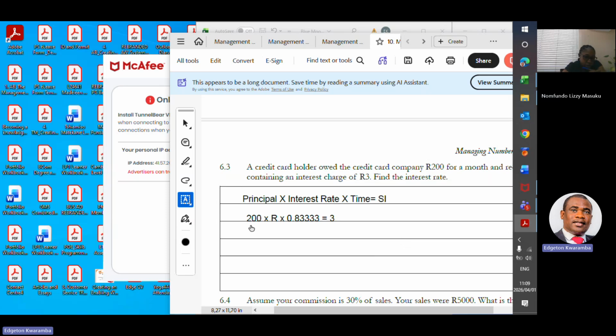So let's multiply this one, 200 times 0.833, so that R remains alone. 0.833 times 200, I think it becomes 16. Did it become 16.666? Sorry, my iPhone is giving me problems here.